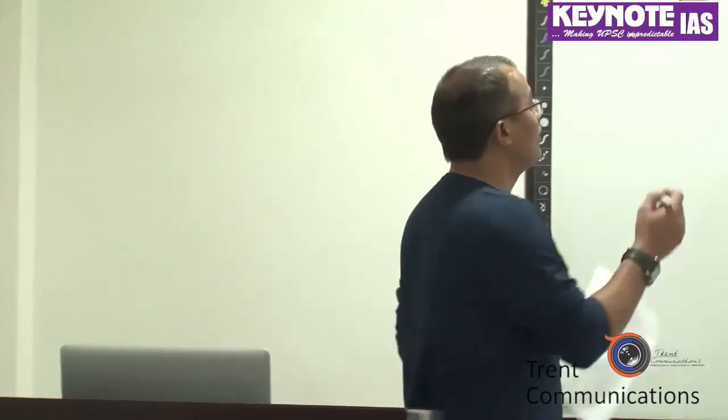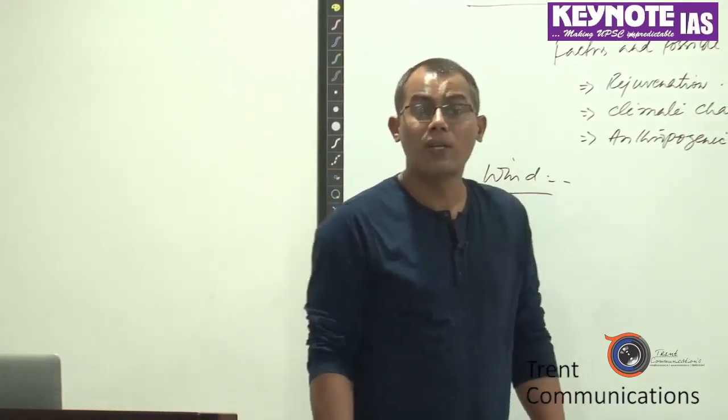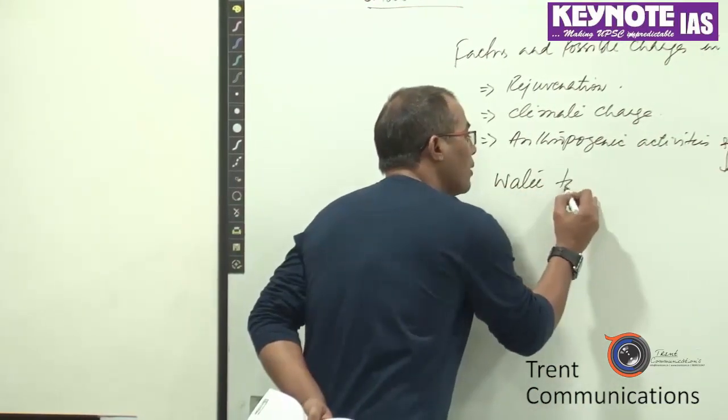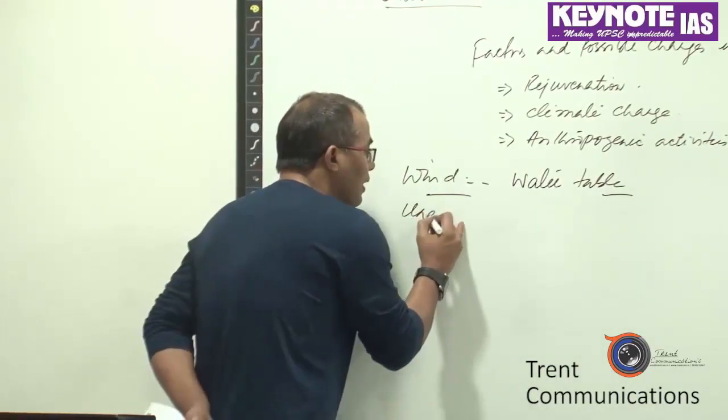when we are talking about the fluvial aspect, you can talk about wind. What is the base level of wind? The water table of that area. Wind will keep on eroding. What is the base level of underground water?